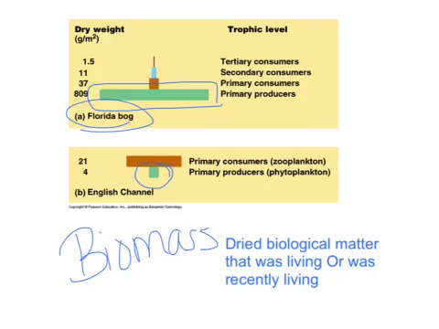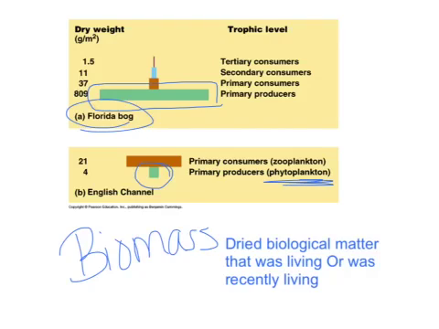If these are providing the energy source for the entire ecosystem, the foundation for the entire ecosystem, it seems like there should be a significant number of them, enough to make an impact on their mass. And so when you're looking at this English Channel pyramid, we're talking about phytoplankton here.